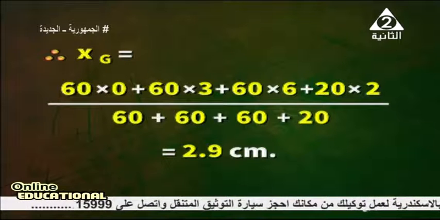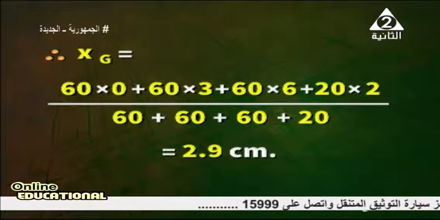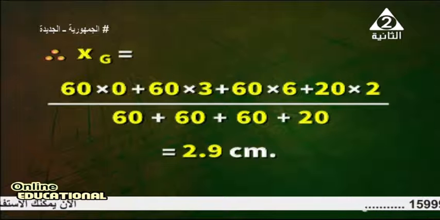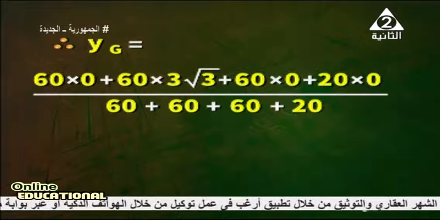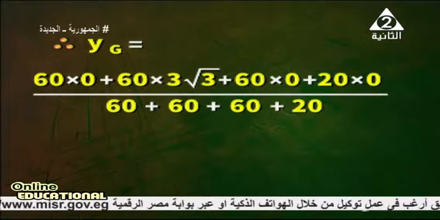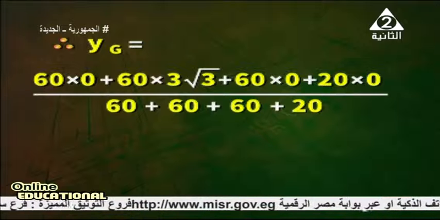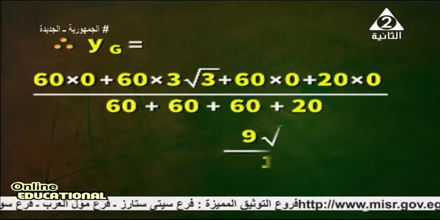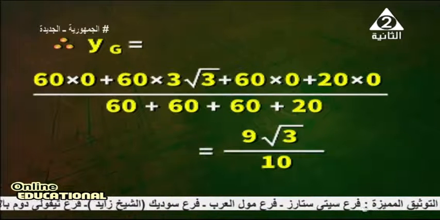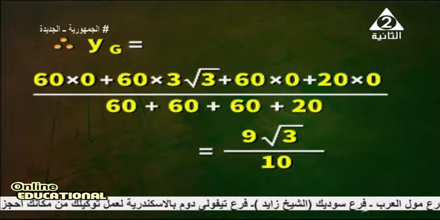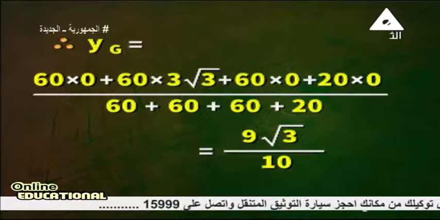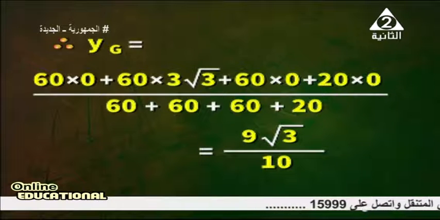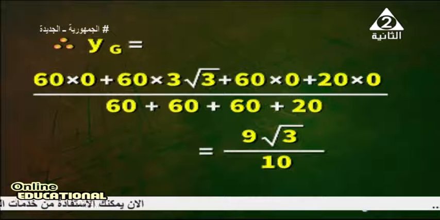To calculate yg by using the same rule, yg equals m1 y1 plus m2 y2 plus m3 y3 plus m4 y4 over summation of m1 plus m2 plus m3 plus m4. Then the yg value: 60 times 0 plus 60 times 0 plus 60 times 3 root 3 plus 20 times 0 over summation of all mass 200.